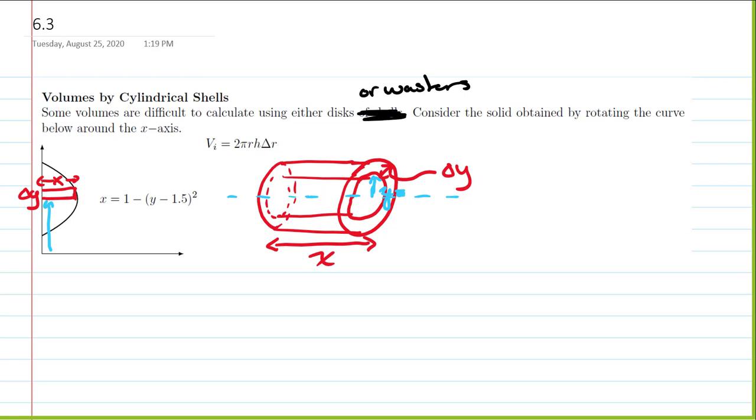So this is the idea of a cylindrical shell. If I'm trying to rotate this curve about the x-axis, instead of thinking of rotating it, imagine making a whole bunch of these shells as cross-sections, starting from the y value here to the y value here.